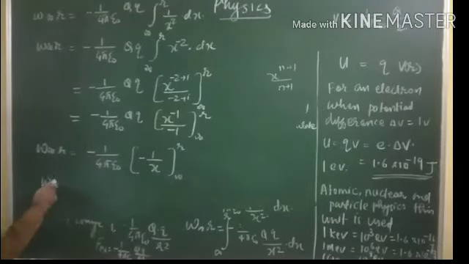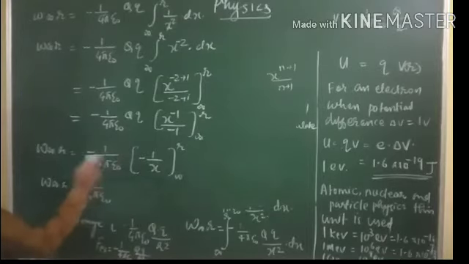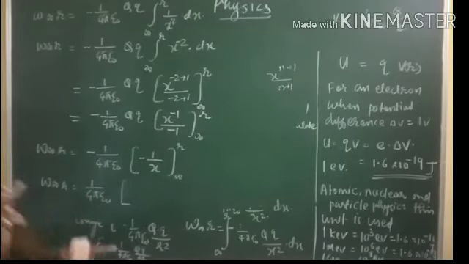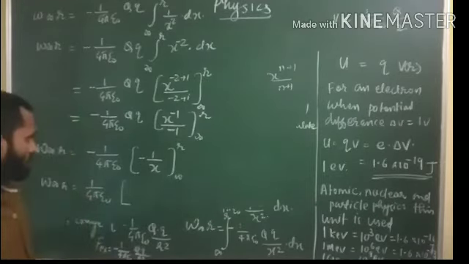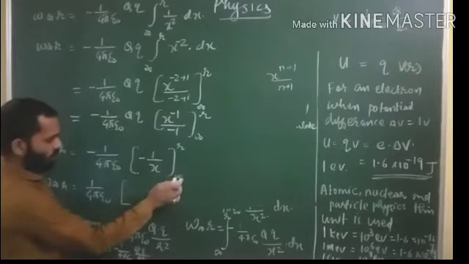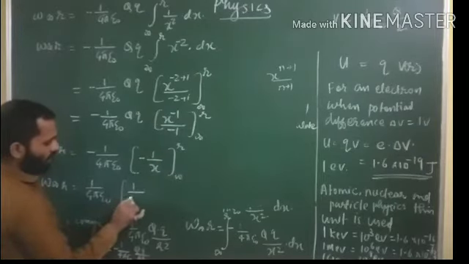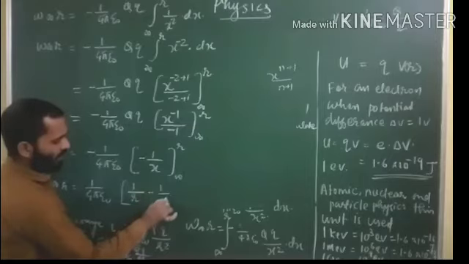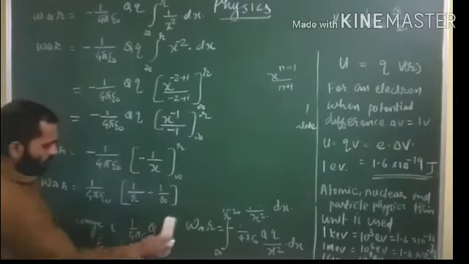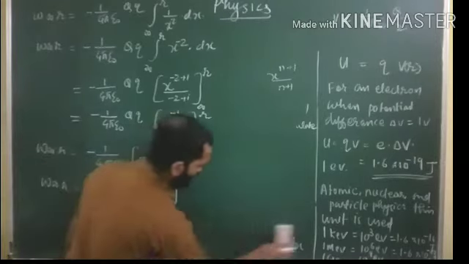So from infinity to r, this will be 1 by 4 pi epsilon naught, minus to minus plus. Now limit application means upper limit minus lower limit. So this will be the upper limit and this will be the lower limit. So 1 by r minus 1 by infinity. Now we know 1 by infinity will be equal to 0.